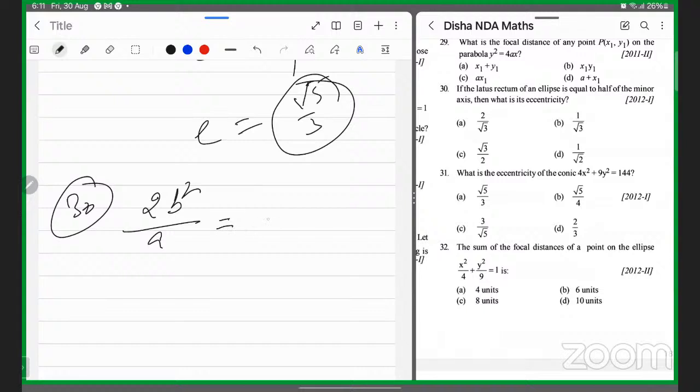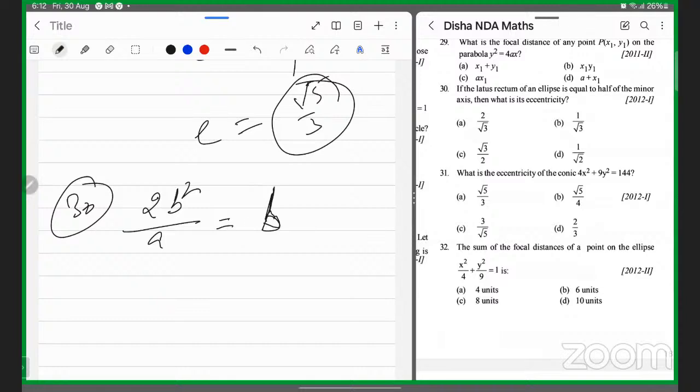Half of the minor axis. The minor axis is 2b, understood?